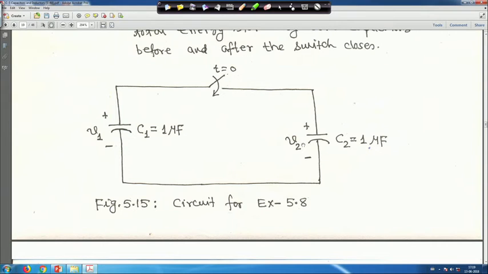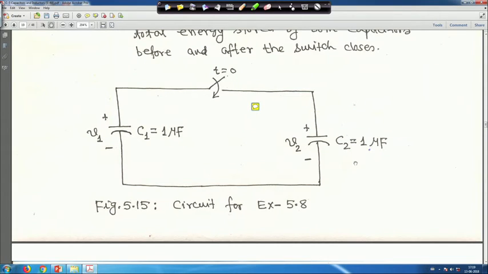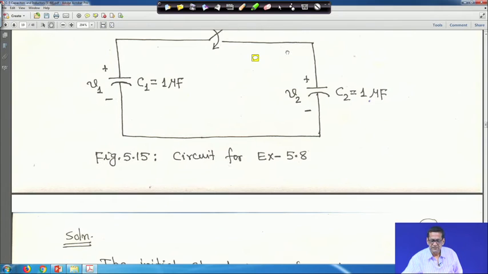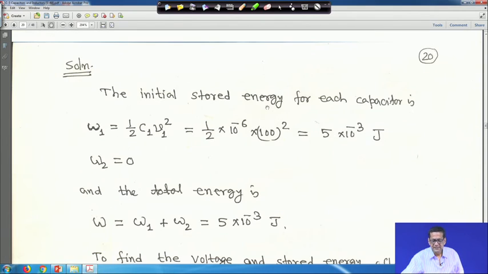So, for this one it will be half C1 V1 square, that is half into 10 to the power minus 6 into 100 square, because V1 is 100 volt, and here it is 0, right. So, this is the initial stored energy before closing the switch, half C1 V1 square.